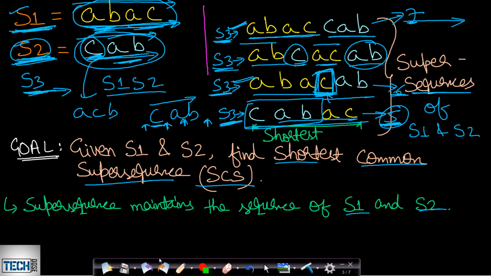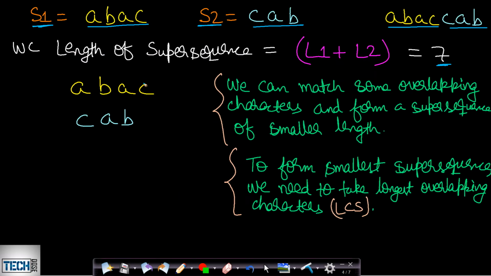So in this case as well, if we want to reduce the length below the worst case, we will have to find the common characters and write them only once. But the main thing to remember is we need to maintain the order from left to right. The order of strings S1 and S2 should not be altered in string S3.